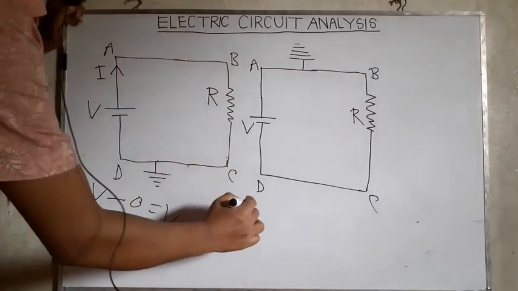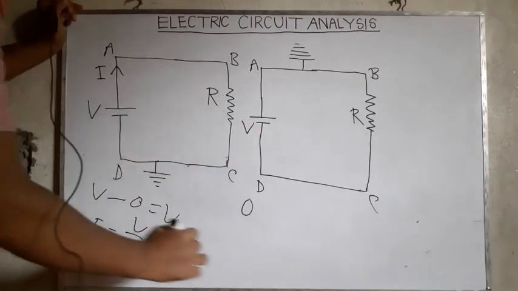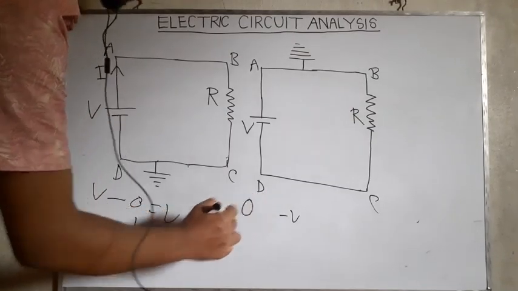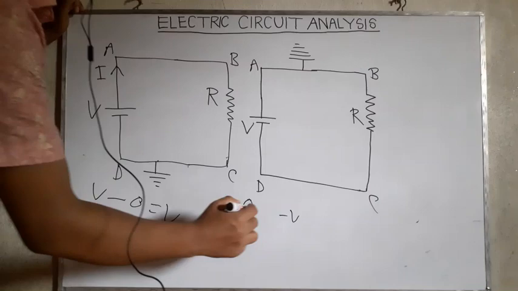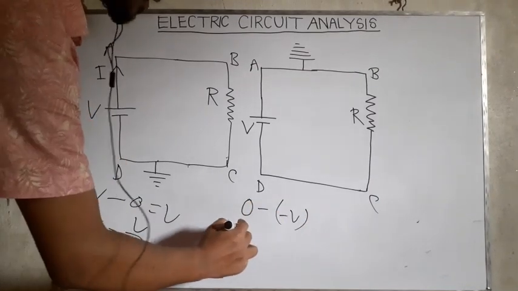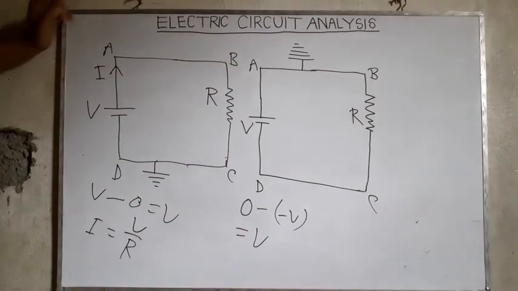Higher potential at 0 volt and lower potential at minus V volt. If we subtract minus V from 0, then we get 0 minus minus V. This will be V, that is, the potential difference is V volt.